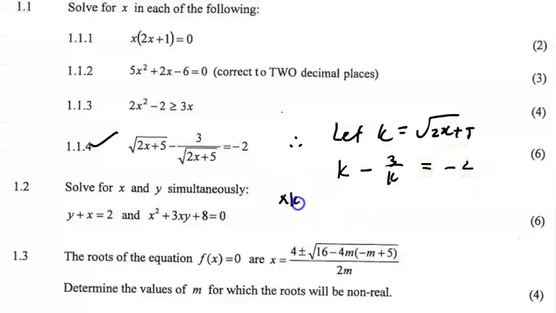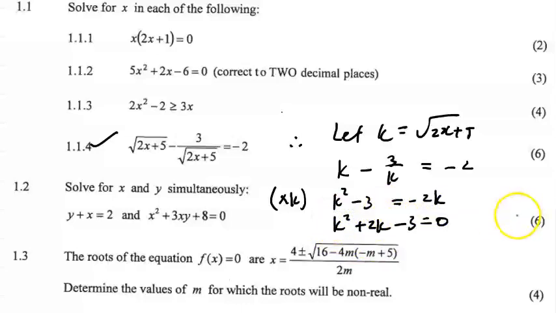Then if I multiply by k, I will get k squared minus 3 equals minus 2k, which leaves me with a quadratic equation, k squared plus 2k minus 3 equals 0. And there I've got my quadratic equation, which I can now factorize as follows. k times k is k squared, 1 and 3, that will be plus and minus.